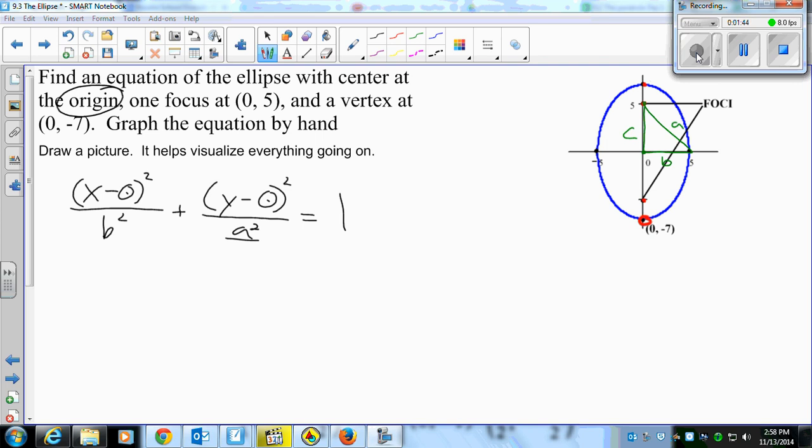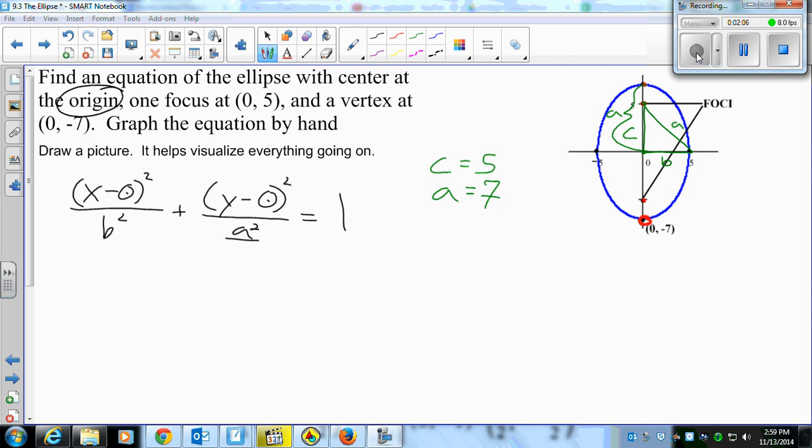So I know that my c value is going to be 5. And also remember that the value of my major axis is also a. So then I get a is equal to 7.